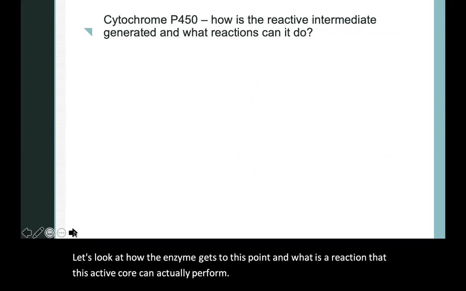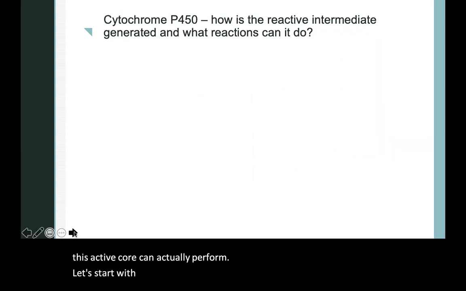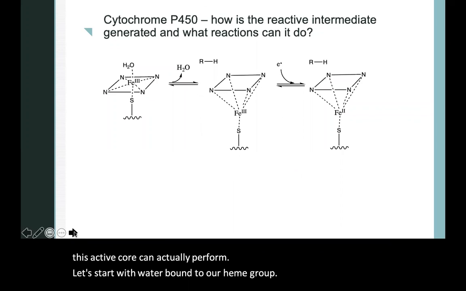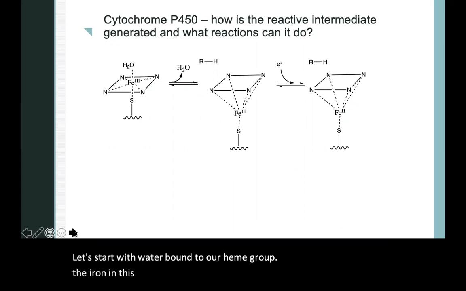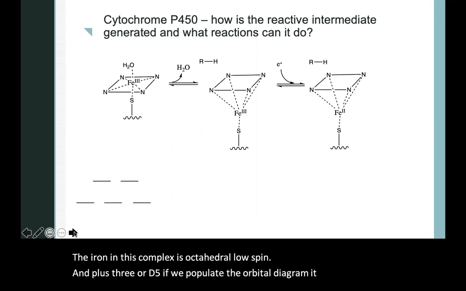Let's start with water bound to our heme group. The iron in this complex is octahedral, low spin, Fe+3 or d5. If we populate the orbital diagram, it looks something like this.